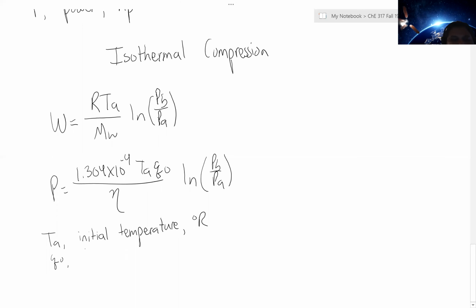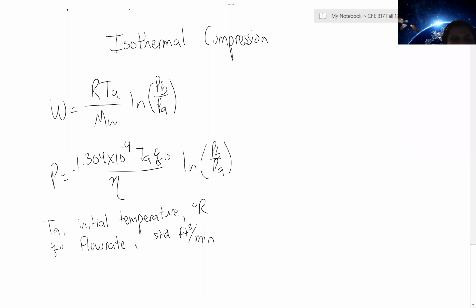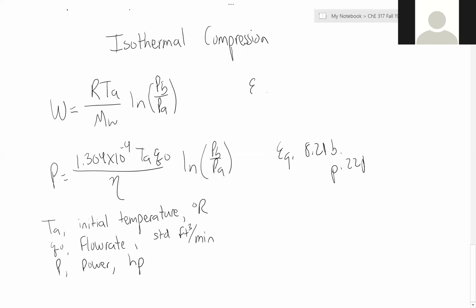Q naught, once again, is our flow rate in standard cubic feet per minute. And power is provided in horsepower. This being equation 8.21b, excuse me, on page 221.